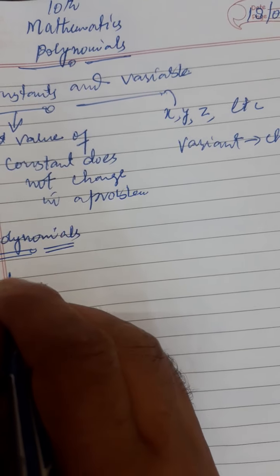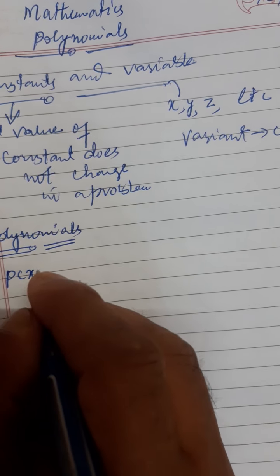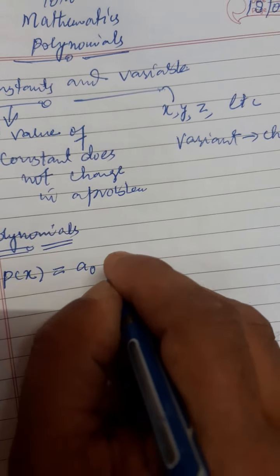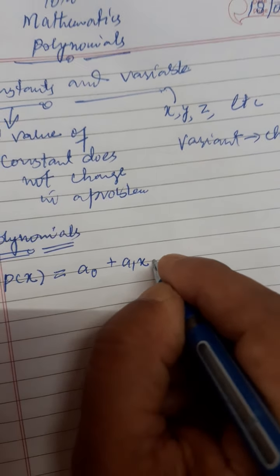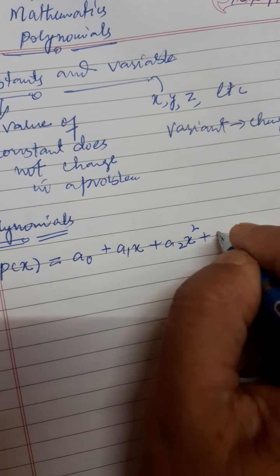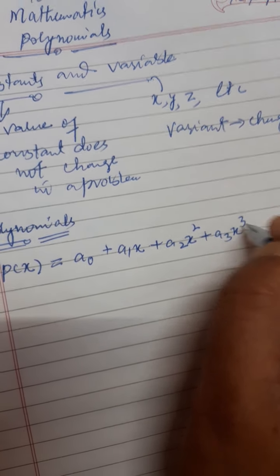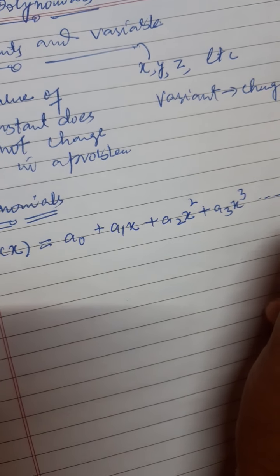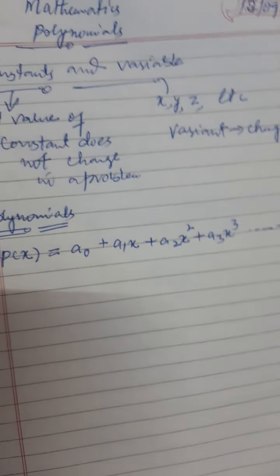A function p of x in the form a0 plus a1x plus a2x square plus a3x cube plus dash dash dash plus a n x to the power n is called a polynomial.